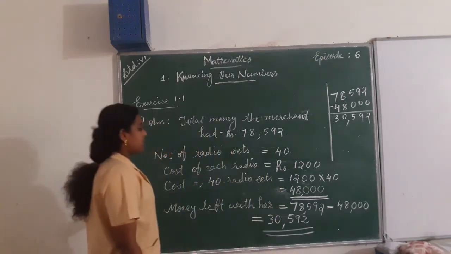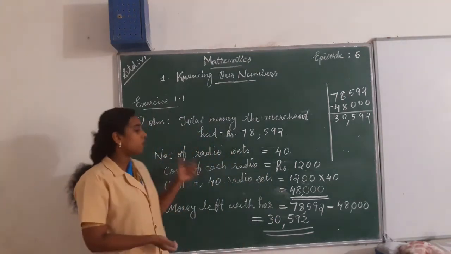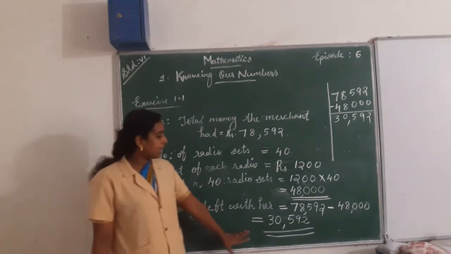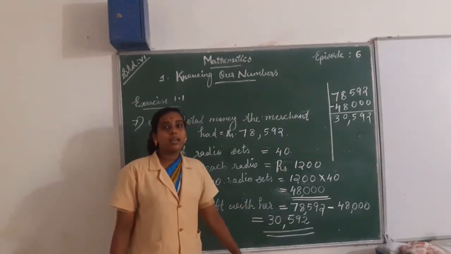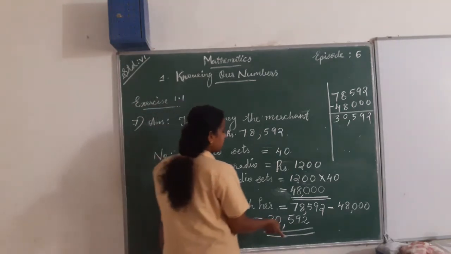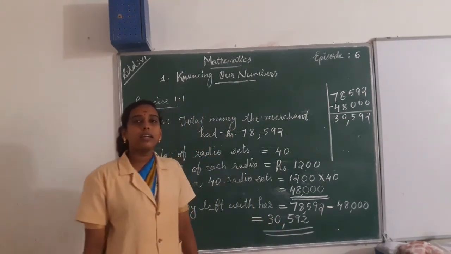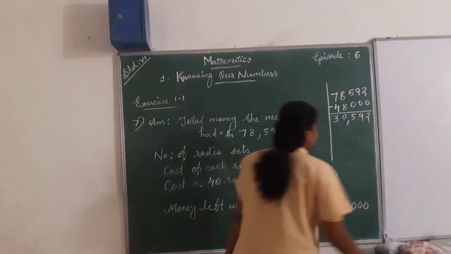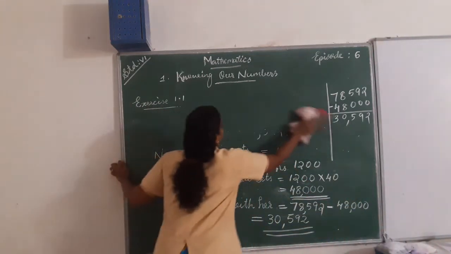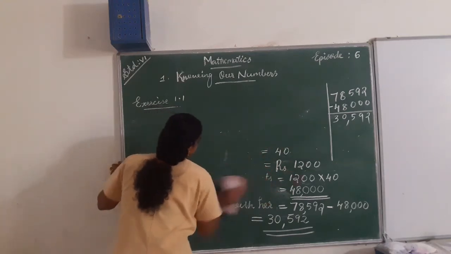That means after purchasing 40 radio sets, the merchant had only remaining money of 30,592. So our answer is 30,592. Understood? And we move to our next question.